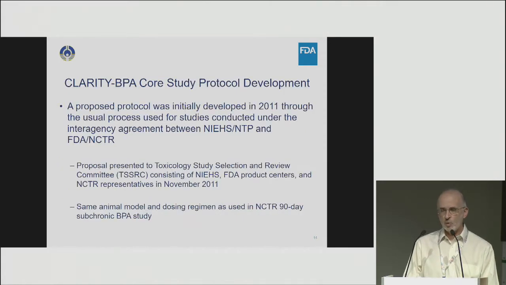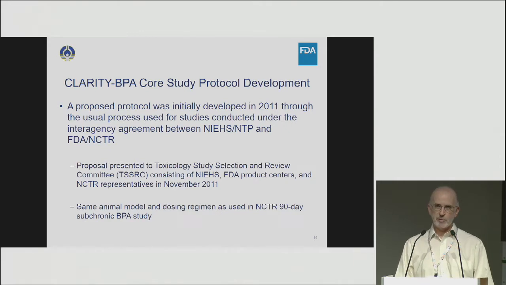So we followed the usual procedure. We have a long-standing agreement with the NIEHS, NTP, an interagency agreement in which studies are conducted, and we followed the usual format for that, so that we proposed a protocol and then presented it to the committee, the Toxicology Study Selection and Review Committee, which consists of NIEHS, the FDA regulatory centers, and NCTR representatives, in November of 2011.